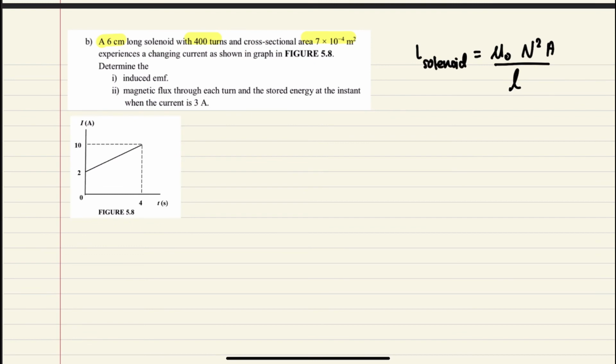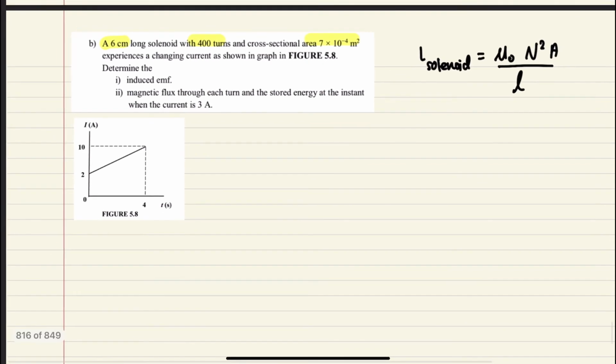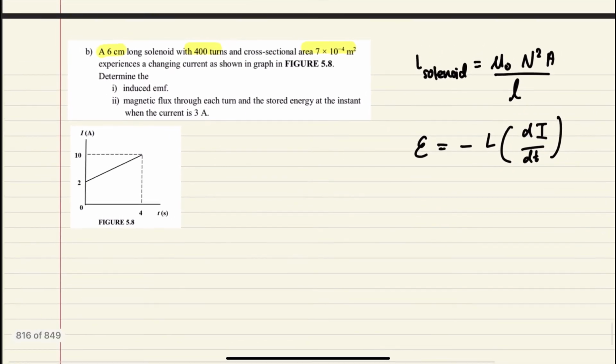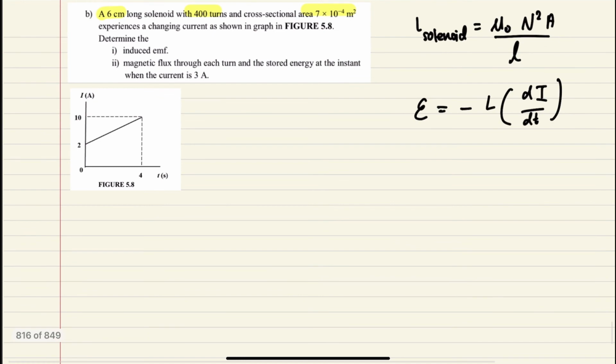So afterwards maybe I can apply equation of, okay, so you can use induced EMF equals to negative L di over dt. Okay, and then find the L first, substitute inside here. The dt you can get from the graph, and then you can solve. Okay, that's the idea. Okay, let's find values for L first.